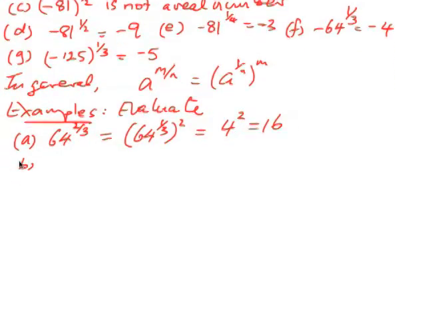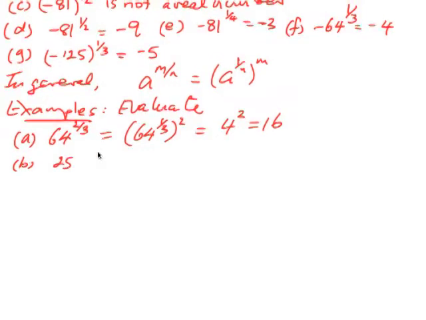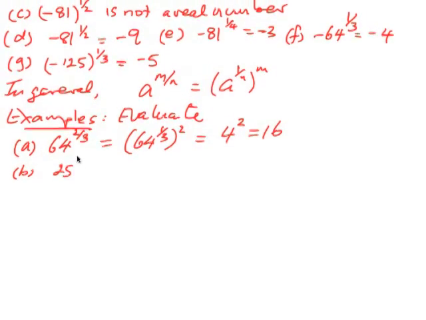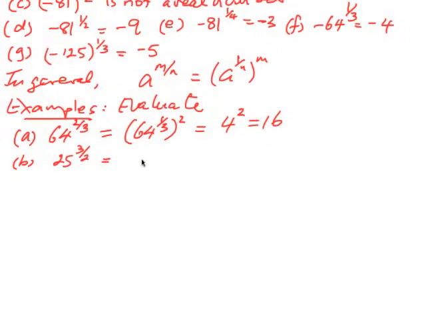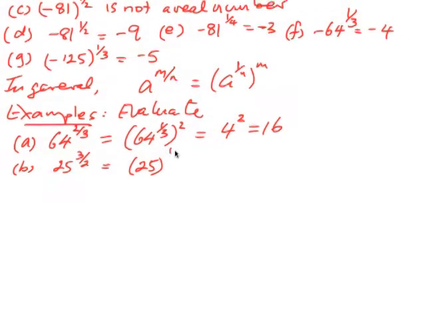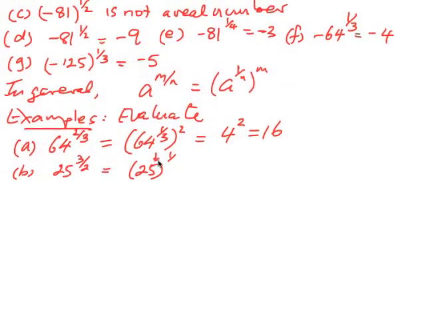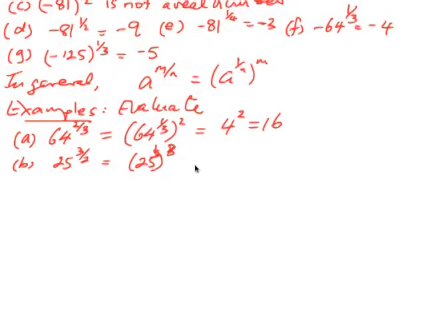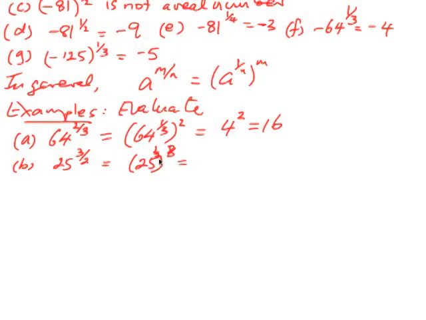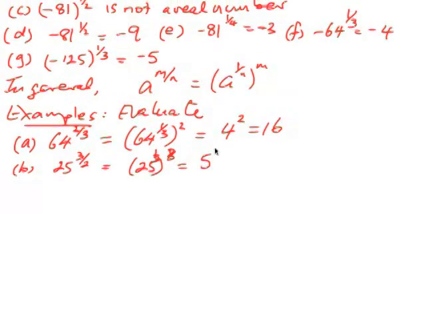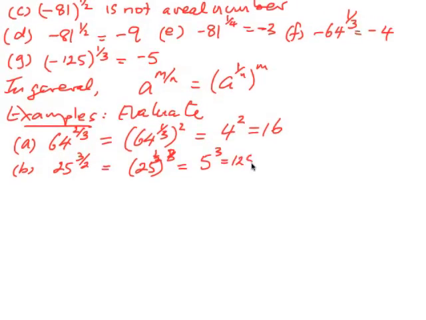What if we have 25 to the 3 halves? This would be 25 to the half, and we've got to find the cube of it. 25 to the half would be 5, cubed, which would be 125.